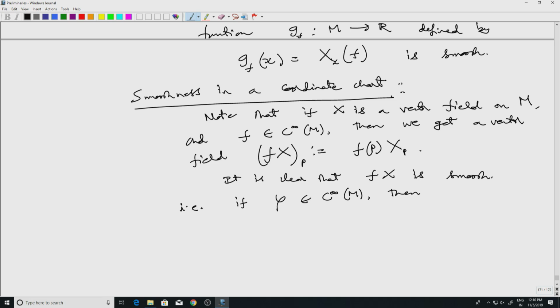So here let's take a point x. This is sent to now the vector field fX at the point x acting on phi, which by definition is f(x) times X_x acting on phi.